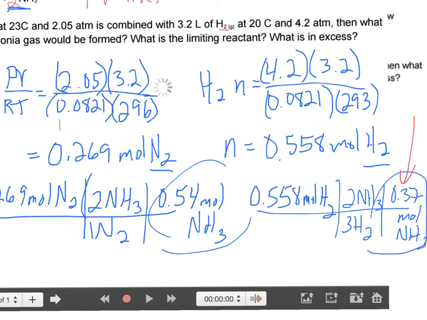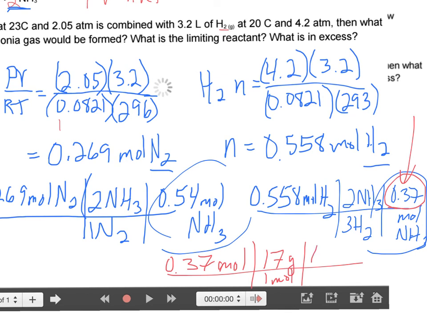Now, the final part of this question is what was the mass of the gas formed. So I'm going to take that value here, moles, and multiply it by the molar mass of NH3. So I say 0.37 moles. The molar mass of NH3 is 17 grams per 1 mole. And when I multiply that through, I'm going to get an answer of approximately 6.27, 6.3 grams of NH3, ammonia.